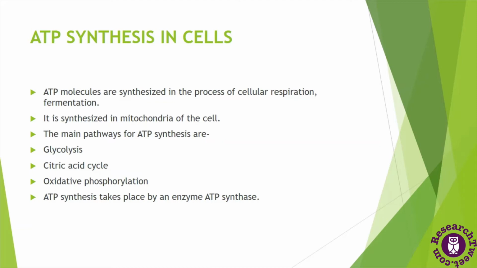Oxidative phosphorylation is the main process by which ATP synthesis takes place in humans, because in glycolysis and the citric acid cycle, enough ATP synthesis does not take place. The enzyme which helps in ATP synthesis, or the phosphorylation of ADP, is known as ATP synthase.